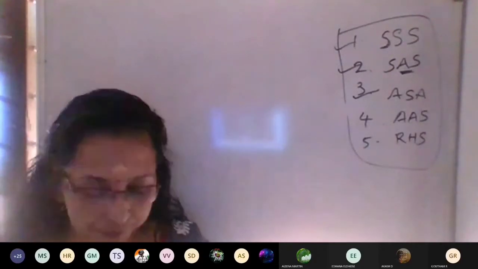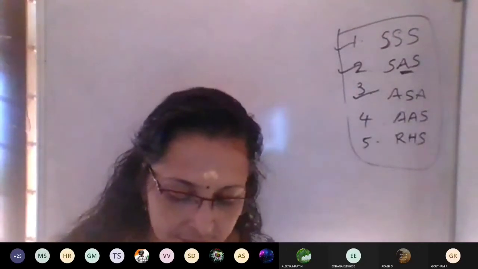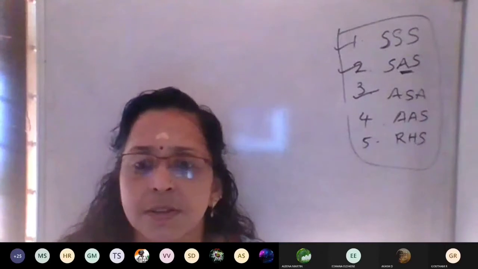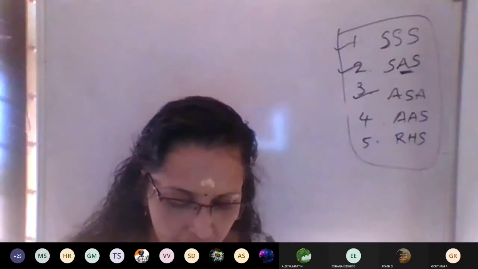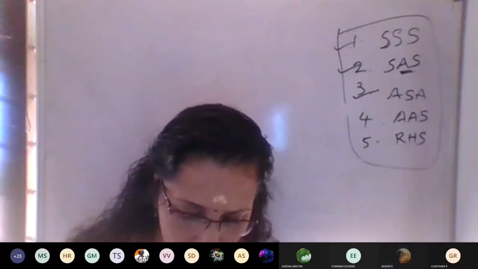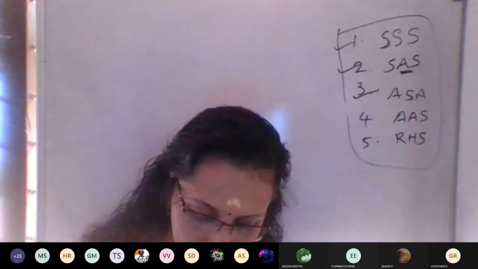Okay, 9A we can start. Which of the following pairs of triangles? Exercise 9A. So how many pages do you want to leave for writing these things? One page is enough, no? Leave one page for writing congruent triangles, then conditions for congruency of triangles.